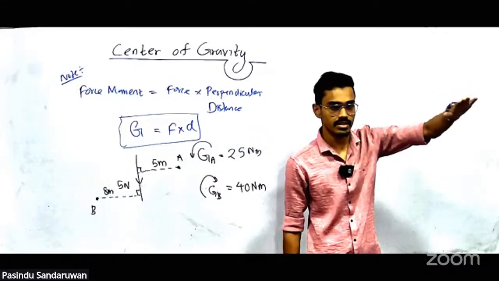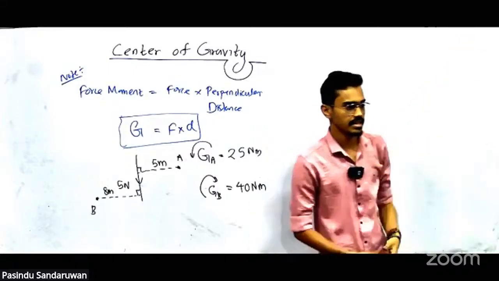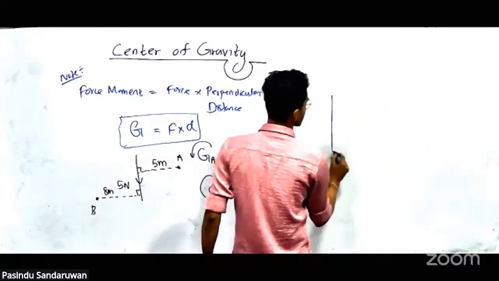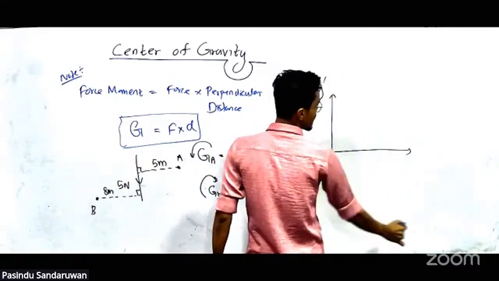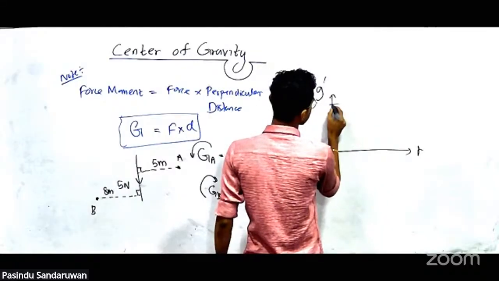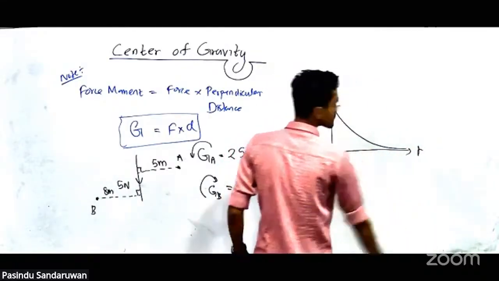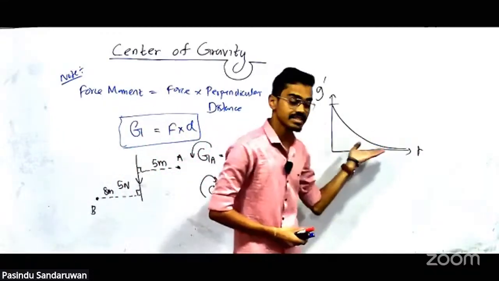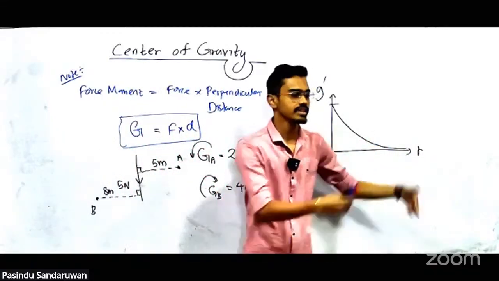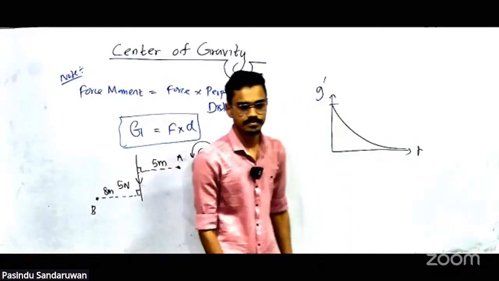Likewise, until infinity it is decreasing. G is actually called g dash. It decreases from Earth's surface to infinity like this, and finally it theoretically reaches 0, if we can go up to infinity. Correct.